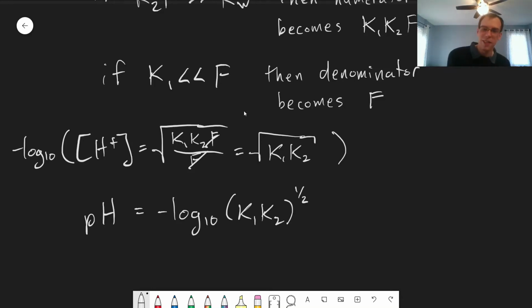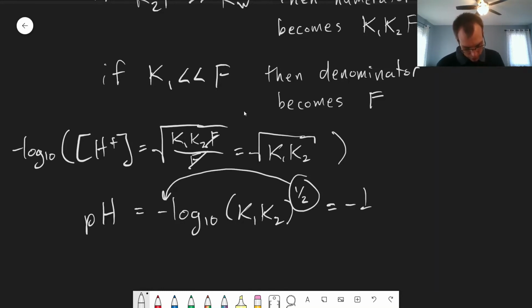I've written this in a little bit different notation here because if we have something raised to an exponent inside of a logarithm, the properties of logarithms are that we can take this exponent and multiply the logarithm by it, and it's equivalent. So we have negative 1/2. And we'll leave the negative with the log.